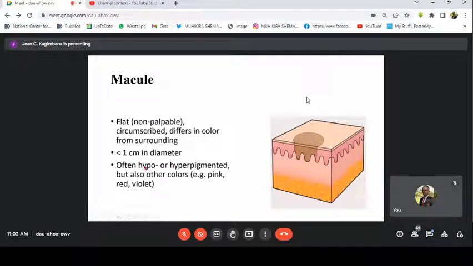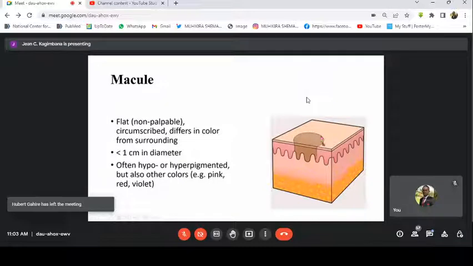It has lost its pigmentation, as we have seen. It may be hyperpigmentation because of increased melanin, or depigmented because of a lack of melanin, like in vitiligo.